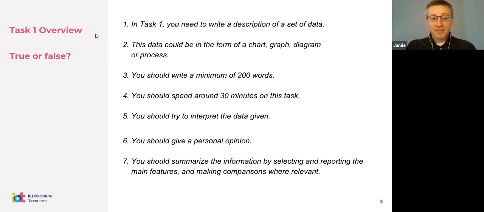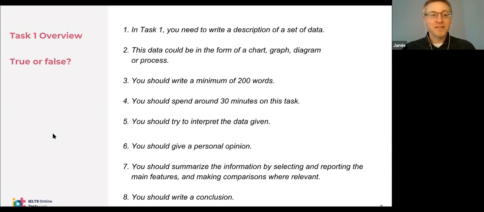And the final statement, number 8, you should write a conclusion. Should you write a conclusion for the IELTS task 1? This one is a bit more controversial. Some of you are saying false, Jihan and Rania. Some of you saying true. Let's take a look at the answers.